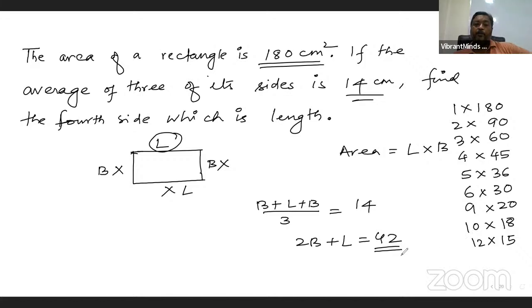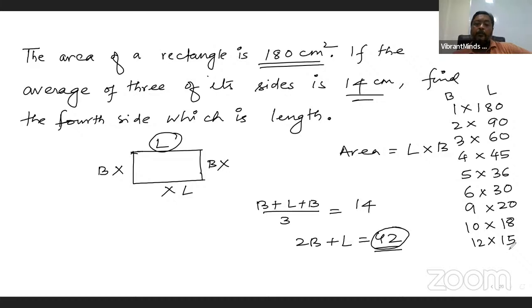Now understand, which pair will I choose from here so that one length and two breadths will be equal to 42. Length will always be bigger, so this will be considered as length and this will be considered as breadth. Isn't it?